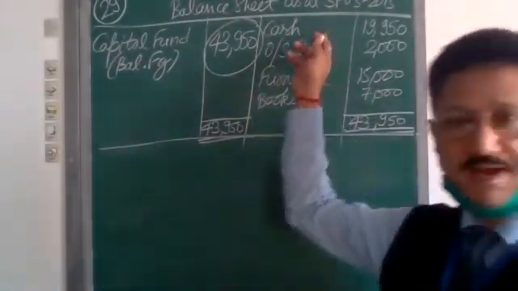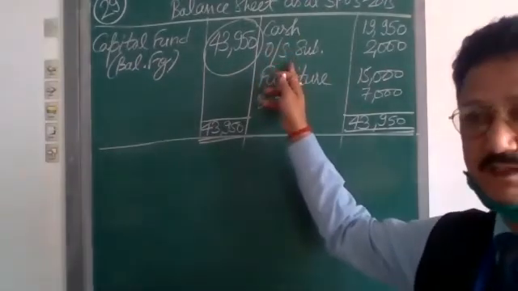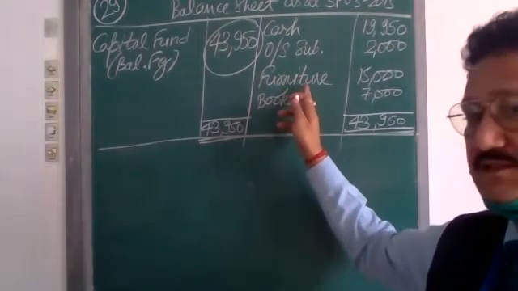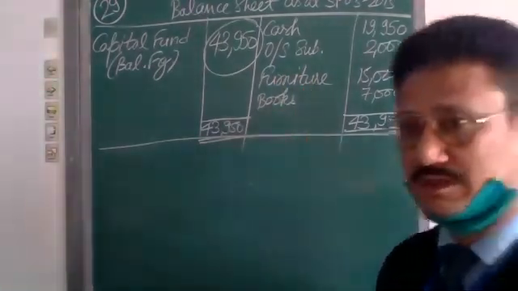The opening balance of cash, subscription of the current year and the previous year, then furniture and books are given.